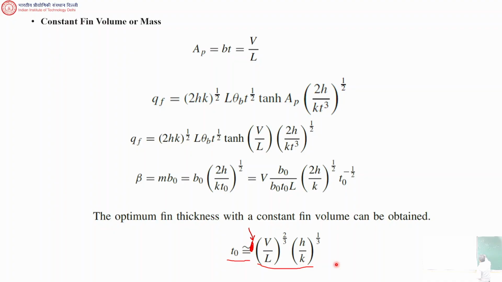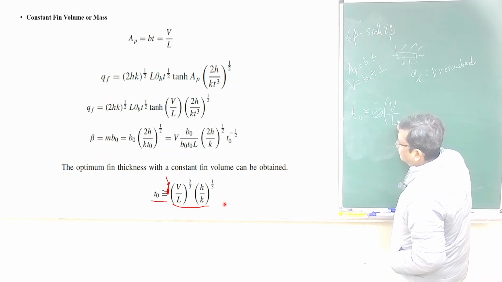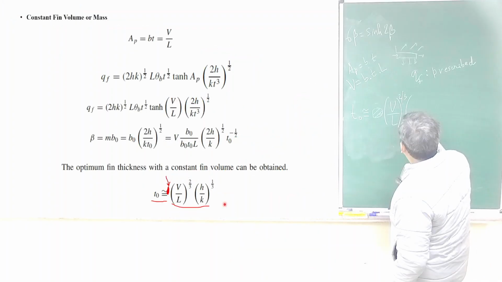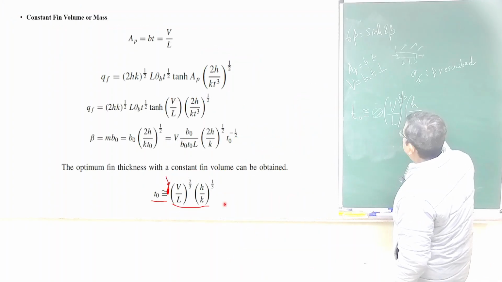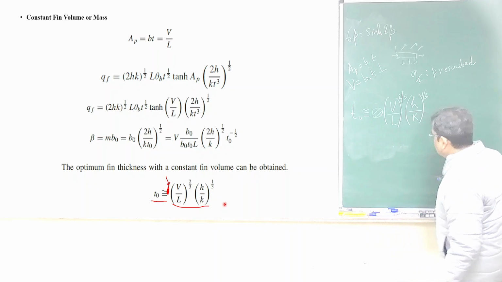This is T naught. It's got something in here which I marked with that red arrow in that expression. So this is V by L to the power 2 by 3, H by K to the power 1 by 3. So the question is, how do I get this?